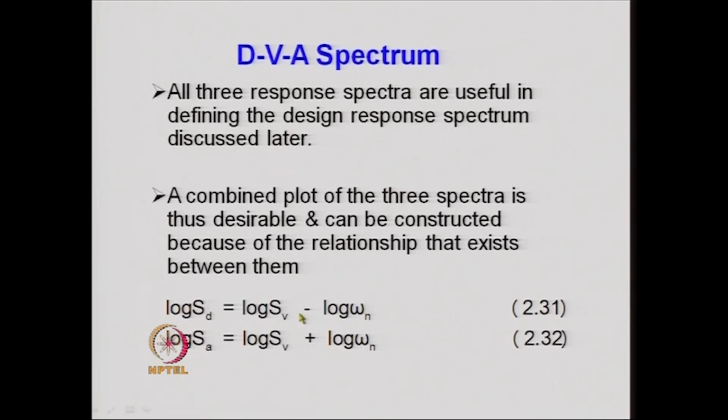Now, these two equations are shown over here, and by looking at them, one can see that they represent two straight lines on a log paper, and these two straight lines will be orthogonal to each other because one is minus, the other is plus. These will be inclined lines in a plot where log SV is the vertical axis and log of omega n is the horizontal axis.